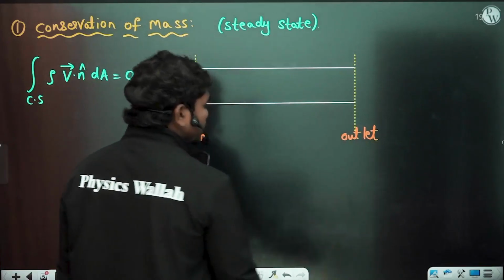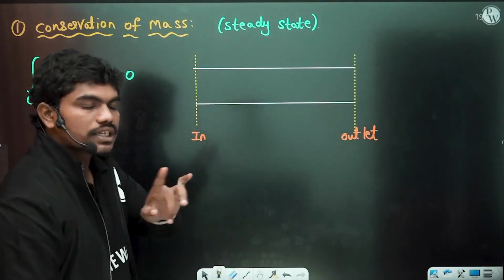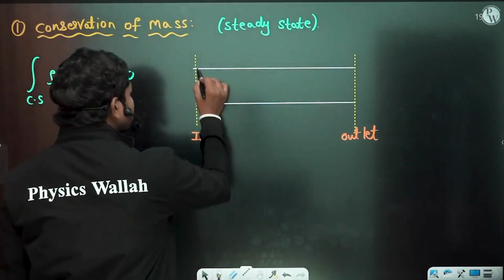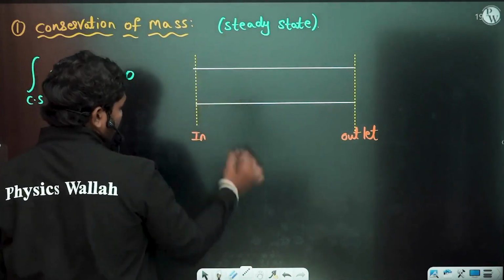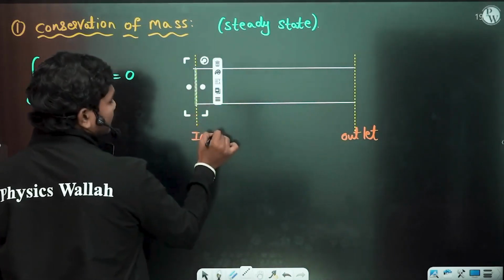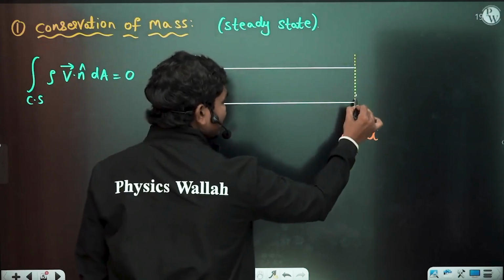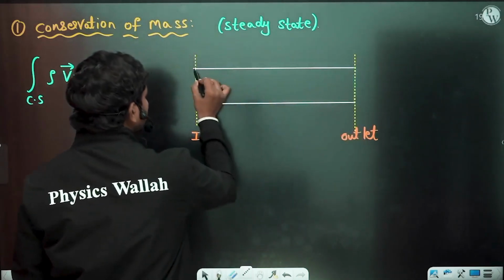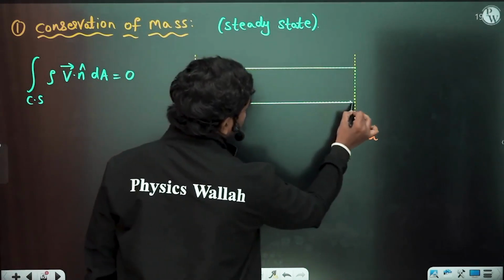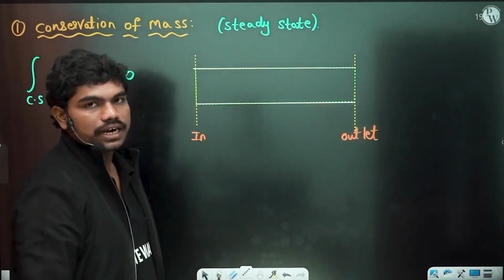Look, this total control surface can be identified as two parts. One is this area available at the inlet, and this area available at the outlet, and this total area is the control surface. If you see, the total surface of this cylinder is the control surface.